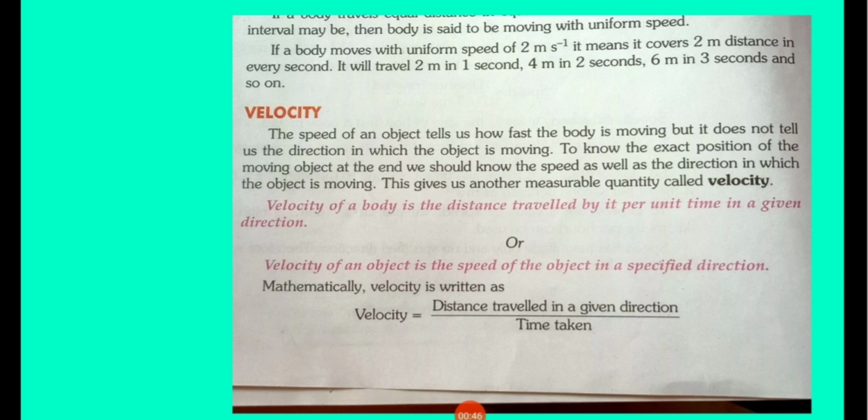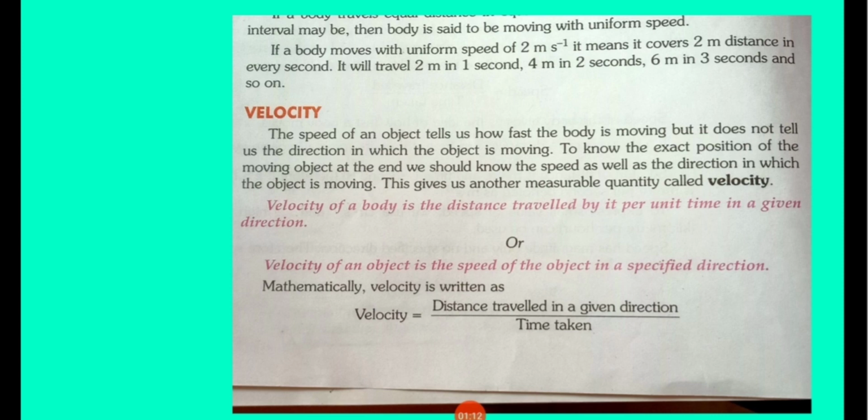So what is velocity? Velocity of a body is the distance traveled by it per unit time in a given direction, or it can also be defined as the speed of the object in a specified direction. If you just go back, you remember displacement is nothing but distance traveled in a given direction.